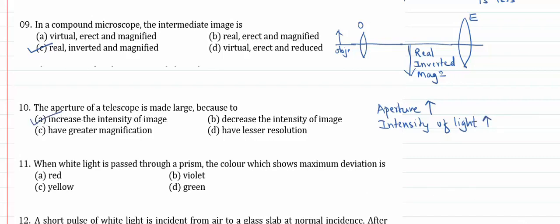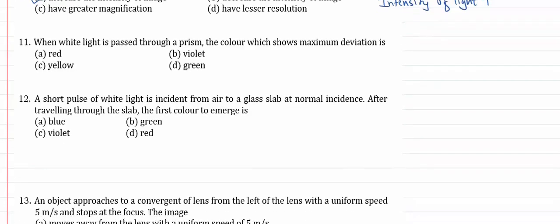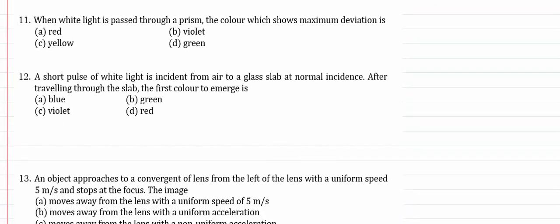Next, when white light is passed through prism, the color which shows maximum deviation is. So when white light is passed through prism, that is white light, dispersion takes place. So colors ಏನಾಗ್ತಾವ separate ಆಗ್ತಾವ.